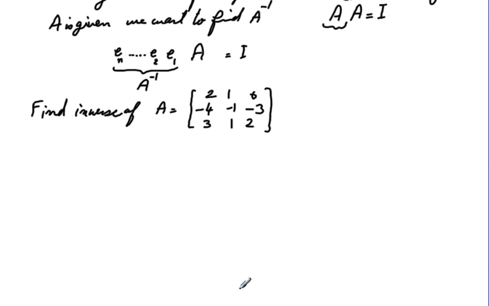The way we carry it out is that we augment this matrix. We take this matrix 2, 1, 0, minus 4, minus 1, minus 3, 3, 1, 2. Next to that, I put the identity matrix.